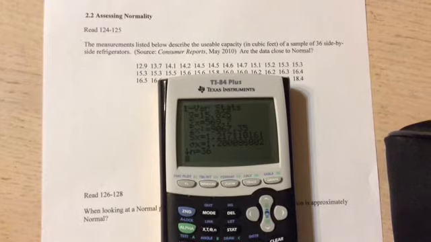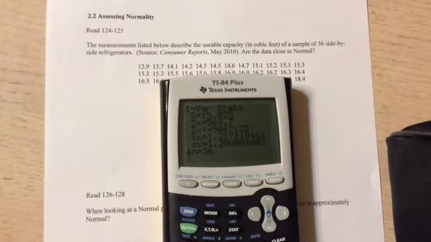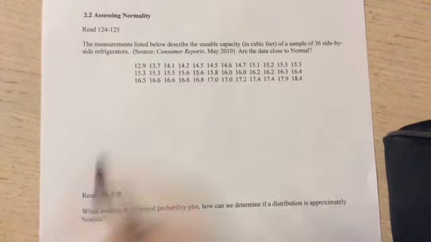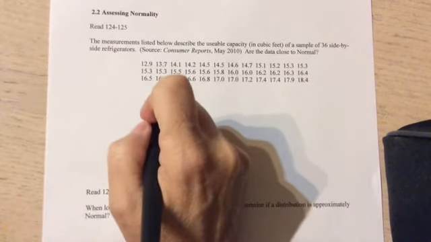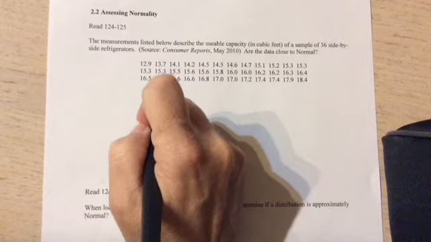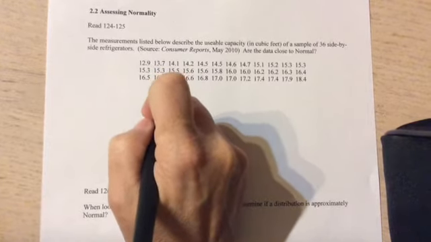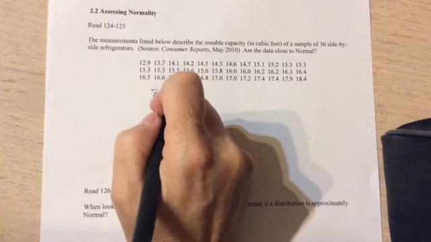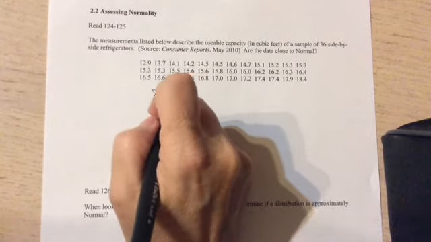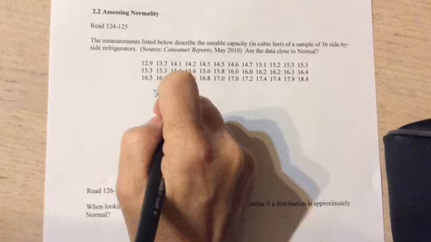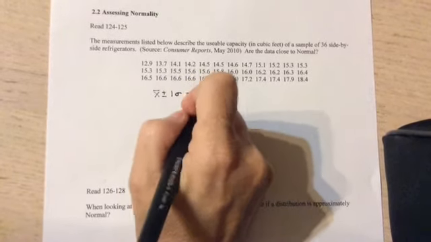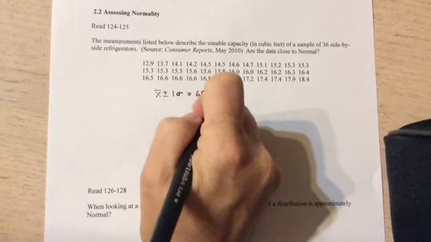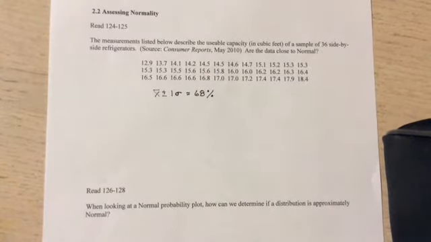Now, there's a whole lot of other decimals, but we don't have to worry about that. So here's what we want to know. We need to keep in mind that the mean plus or minus one standard deviation should be equal to 68% of the data.